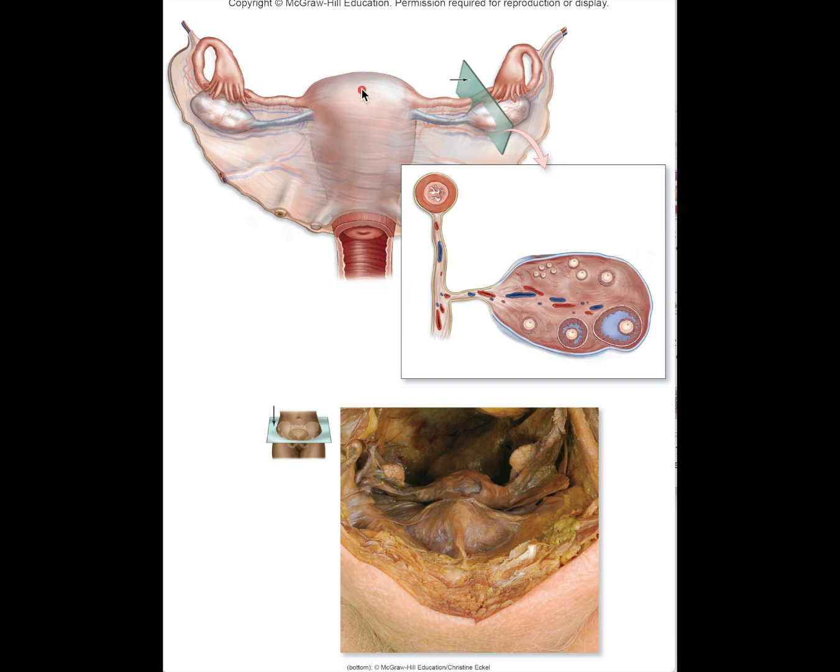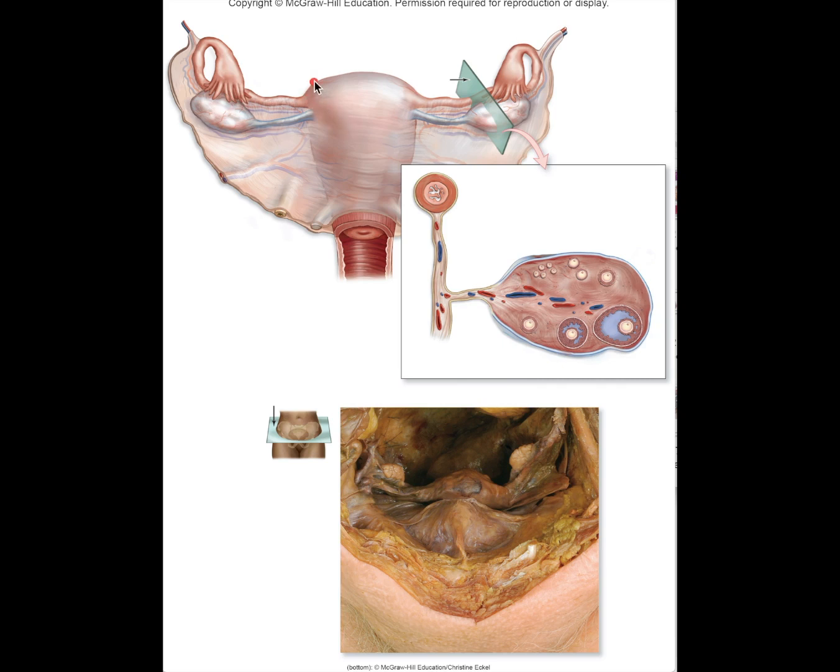And the fundus is also what is massaged postpartum in order to get the uterus to contract down on itself after having a baby, because the placenta leaves an open wound on the inside of the uterus, and the uterus will contract down on itself once the baby is out and the placenta is out, in order to cut off the huge blood supply going to where the placenta was attached.